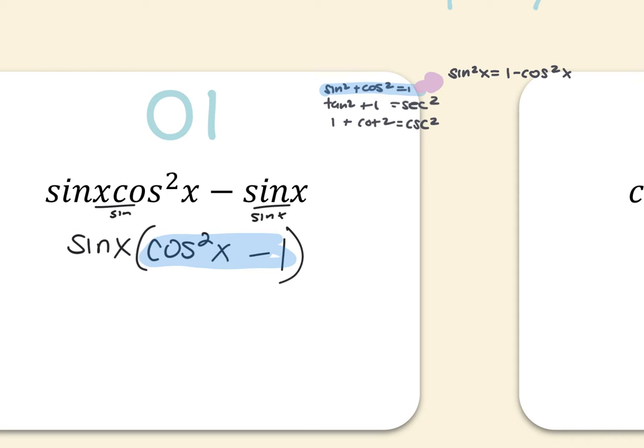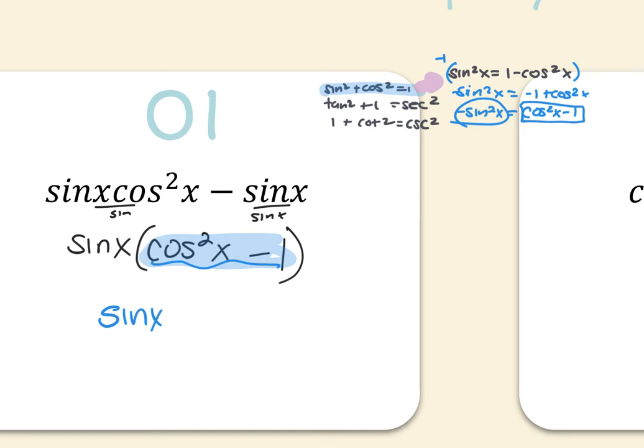Multiply by negative 1. So if I multiplied everything by negative 1, I get negative sine squared x equals negative 1 plus cosine squared, or cosine squared x minus 1 equals negative sine squared x. So I can replace this whole statement with negative sine squared x.